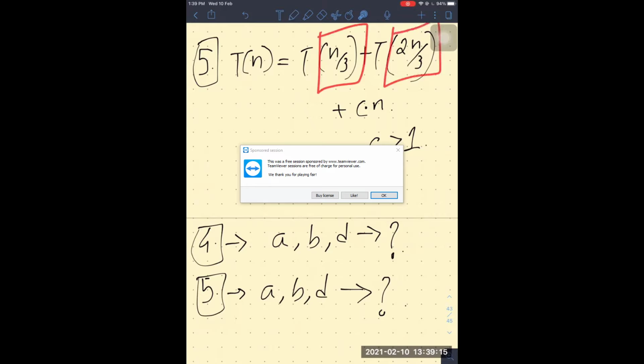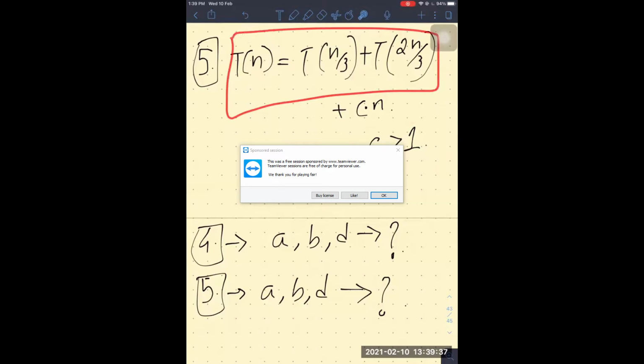It has to be a single function of n, with the function of n by b being the same. So if there are multiple such terms, then you cannot apply the Master theorem. So for this example also, the Master theorem doesn't apply.